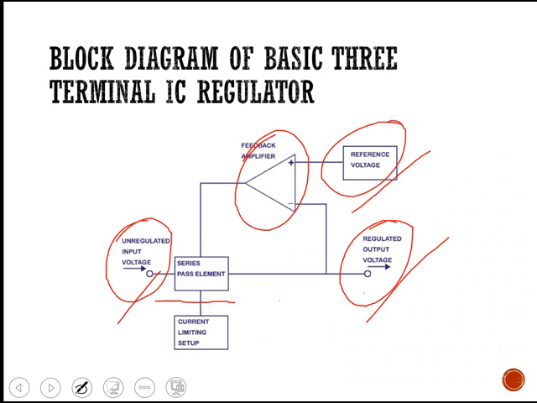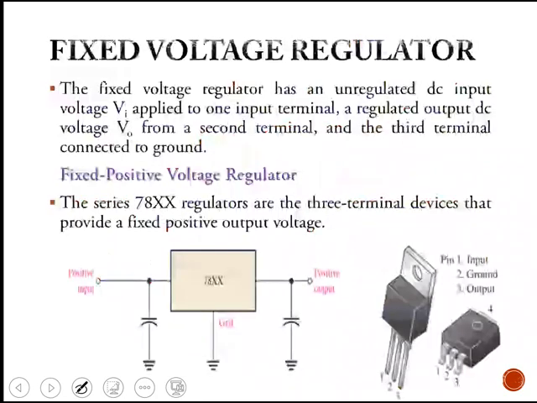So this type of IC regulators comes along with short circuit protection devices or current limiting capability. So we will see both positive fixed regulators as well as negative fixed regulators. First we will see the fixed positive voltage regulator.